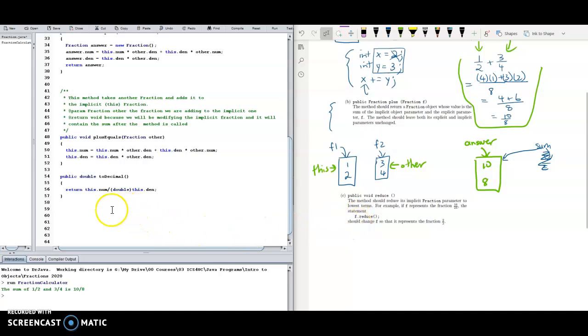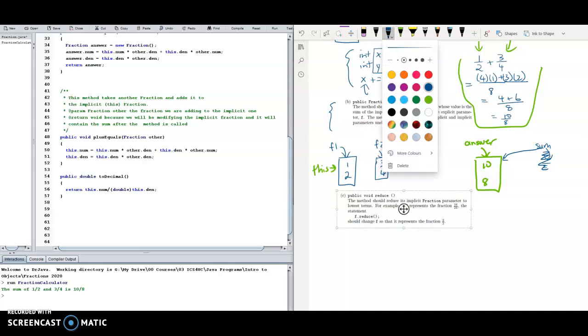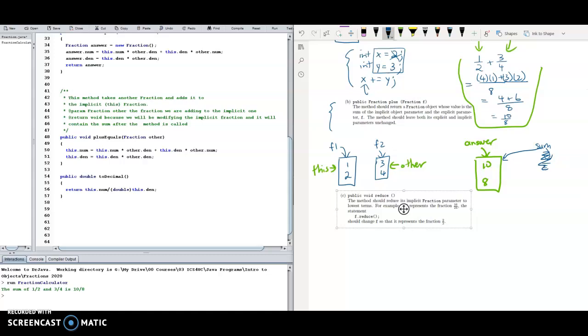So let's go ahead and first of all, let's make an example. It's always great to work with an example. So let's say we have f, and this is in our fraction calculator class, and that's why I'm using the blue color. So let's say I have, for example, 10 over 8, which is what I had up here from the last question.